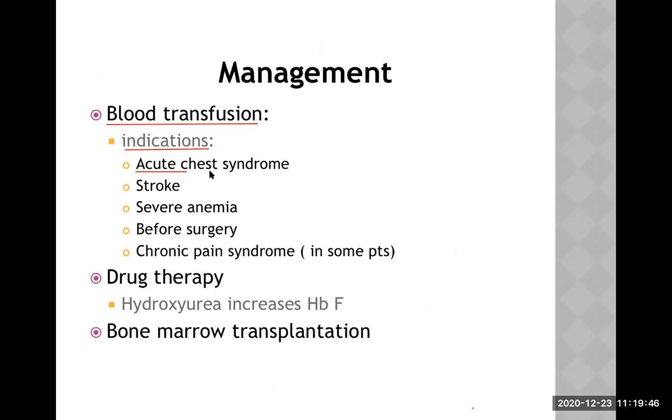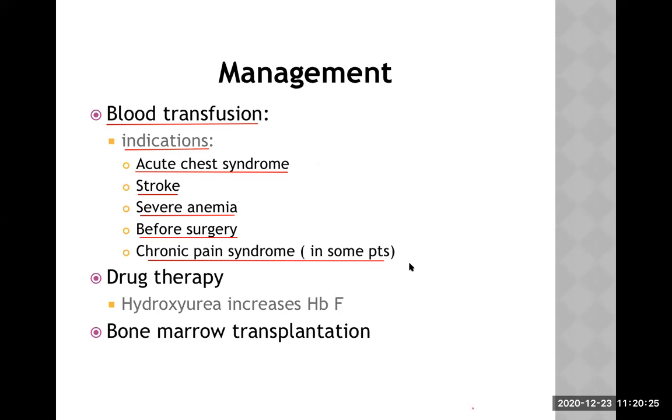If a child is having acute chest syndrome, stroke, severe anemia, before any surgery in case of sickle cell disease, or chronic pain syndrome in some patients, we have to go for blood transfusion, because increasing the normal hemoglobin or normal RBC will help that patient, since this patient is having sickle cell hemoglobin. We replace or dilute the amount of sickle cell hemoglobin by giving normal blood. That may help the patient.